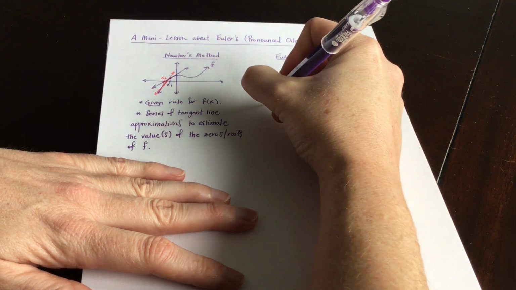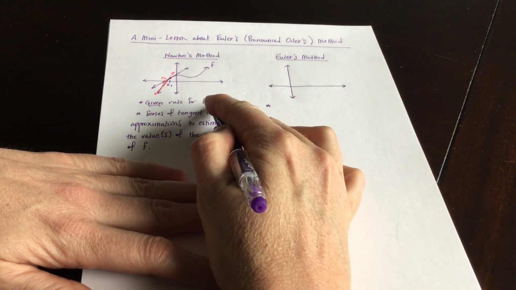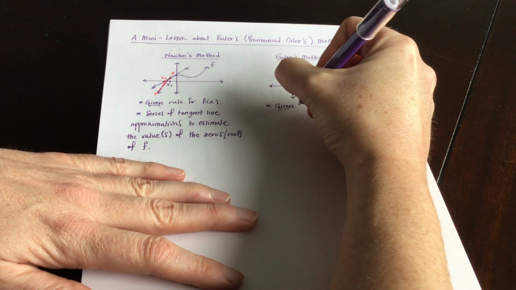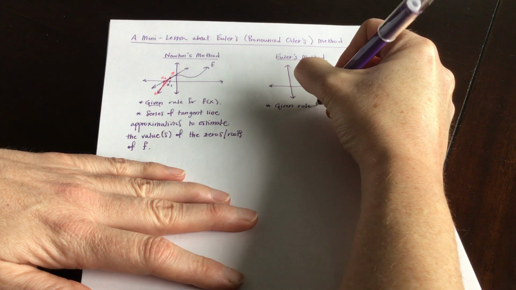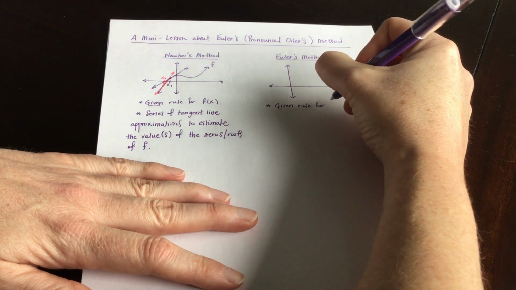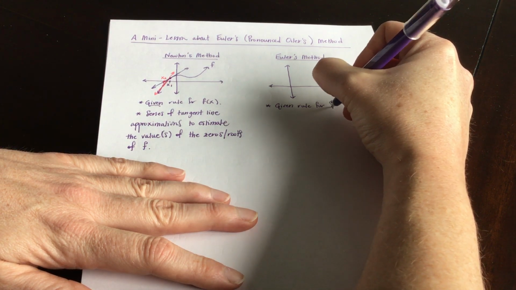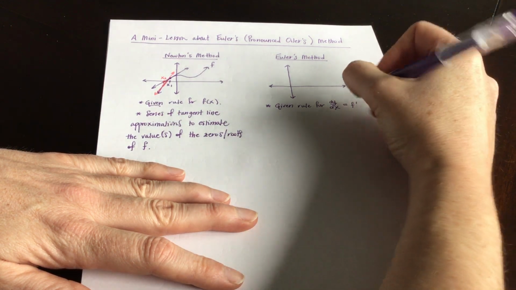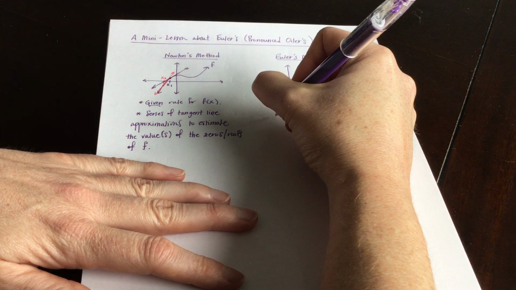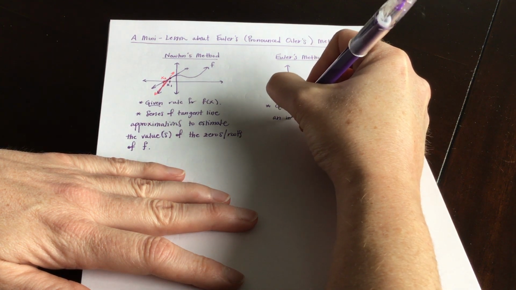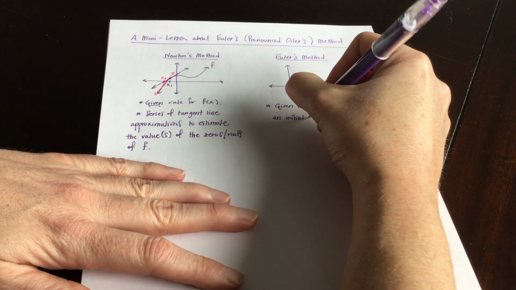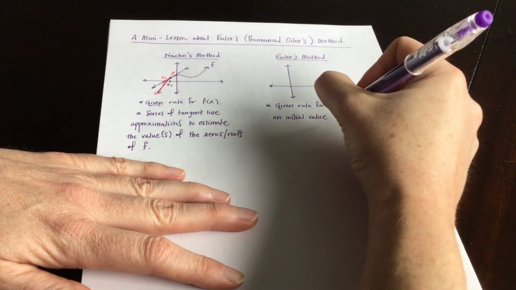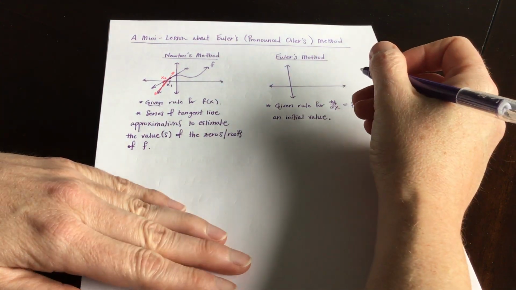So for Euler's method, you will not be given the rule for f of x. You will be given the rule for like dy dx or f prime. And you'll also be given an initial value of the original function without them giving you the function rule.